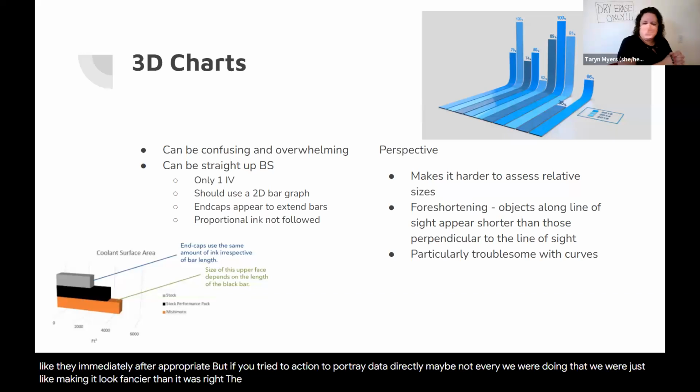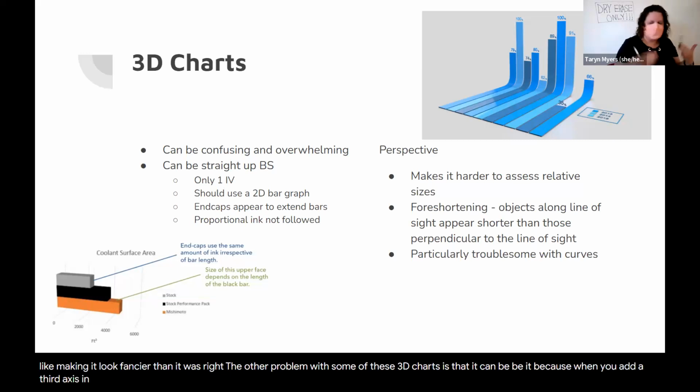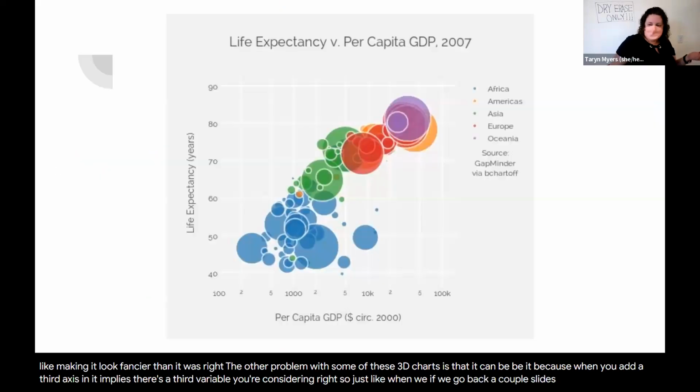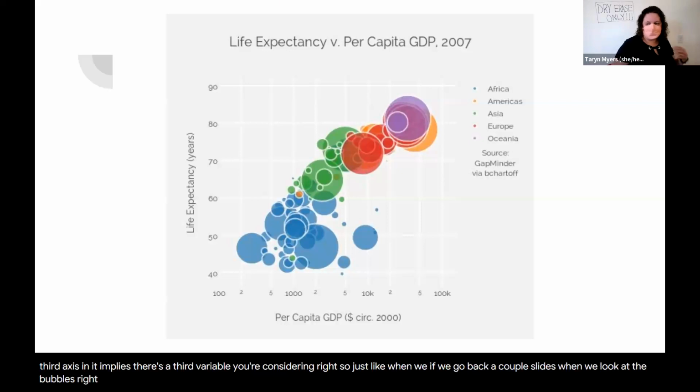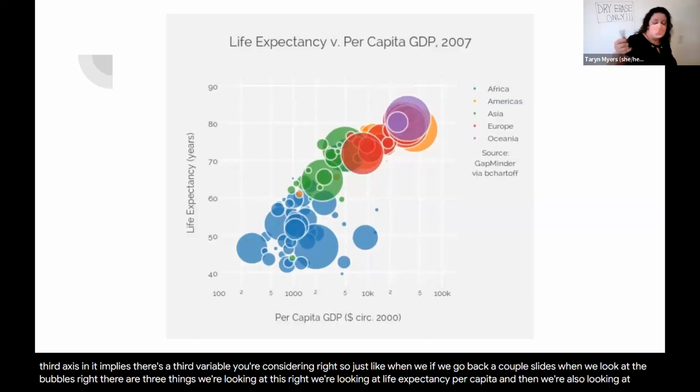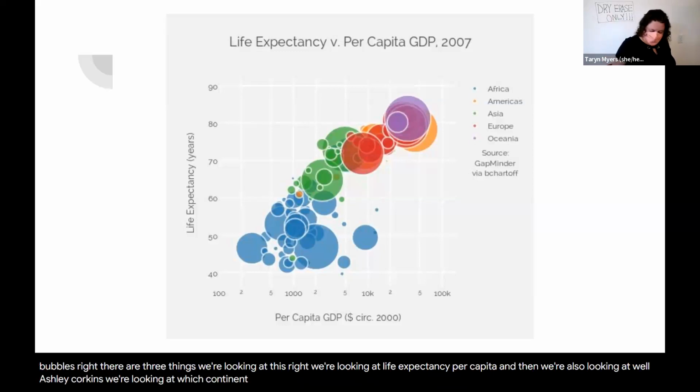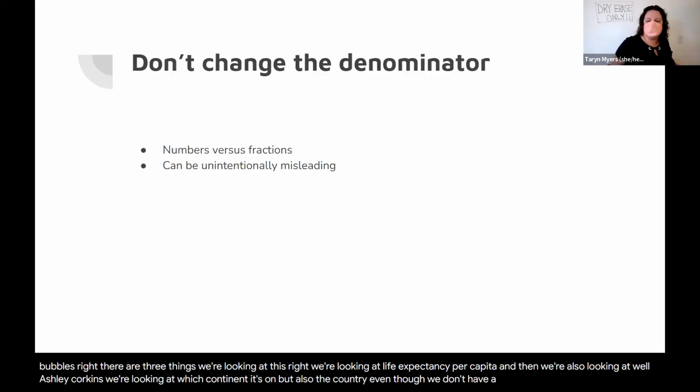So the other problem with some of these 3D charts is that it can be BS, because when you add a third axis in, it implies there's a third variable you're considering, right? Just like if we go back a couple slides, when we look at the bubbles, there are 3 things we're looking at: life expectancy, per capita, and actually 4, because we're looking at which continent it's on, but also the country, even though we don't have a reference to that.